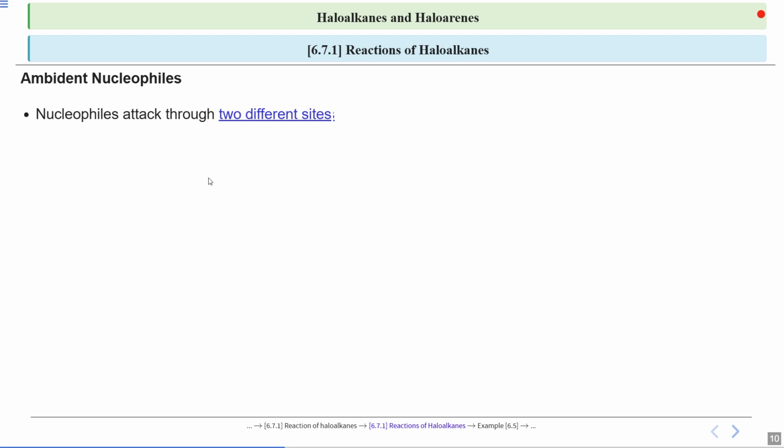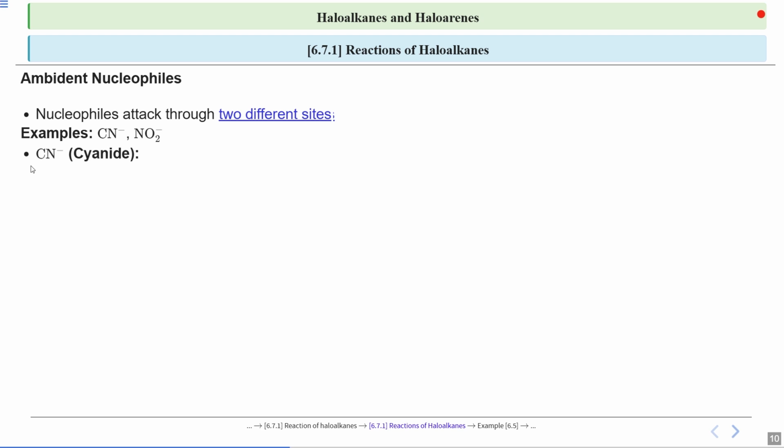That means they have two different atoms present in them, which can bond with the carbon. For example, we have cyanide, that is CN negative, and NO2 minus. Okay, we have these two nucleophiles which are actually ambident nucleophiles. How? Let's see one by one.